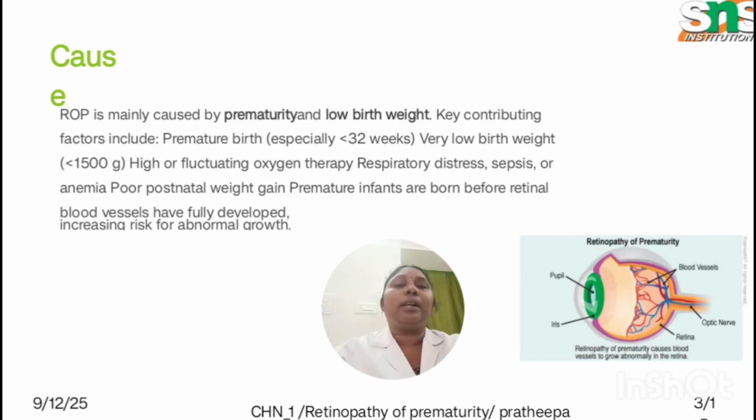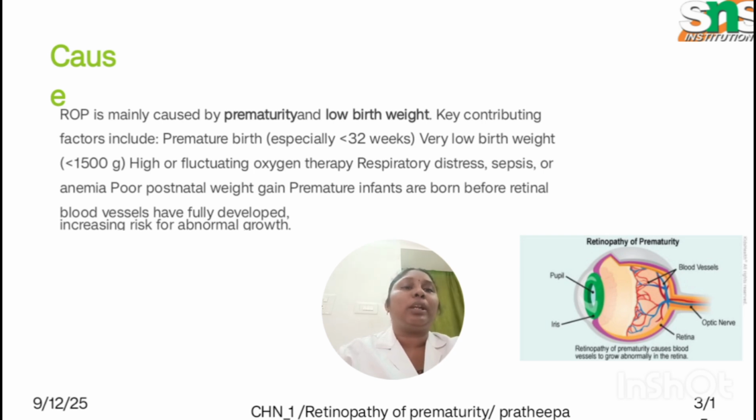So what are the causes? This is mainly caused by prematurity and low birth weight. The main factors include premature birth, especially less than 32 weeks, or very low birth weight babies less than 1500 grams, and high or fluctuating oxygen therapy, that is respiratory distress babies, and sepsis, anemia or poor postnatal weight gain.